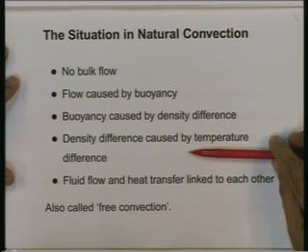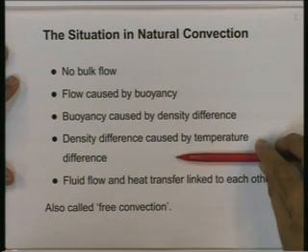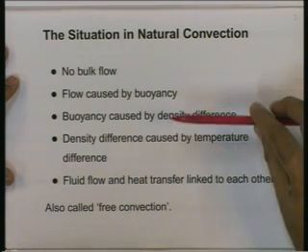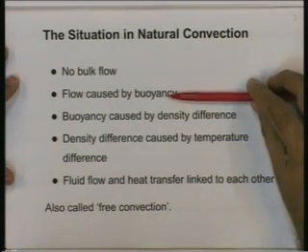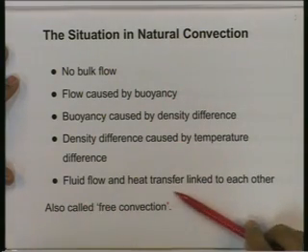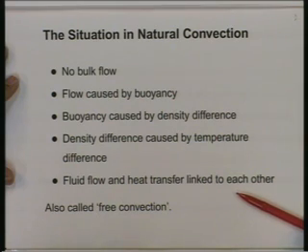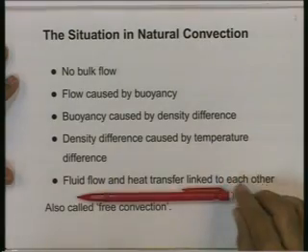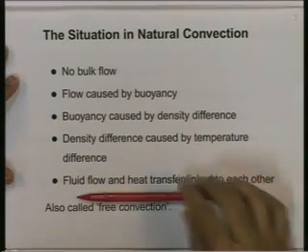And because of this, temperature difference causing density difference, causing buoyancy forces, causing flow, the fluid flow and heat transfer is linked to each other. This is the main characteristic of natural convection. Natural convection is also called free convection, and we will soon see why.